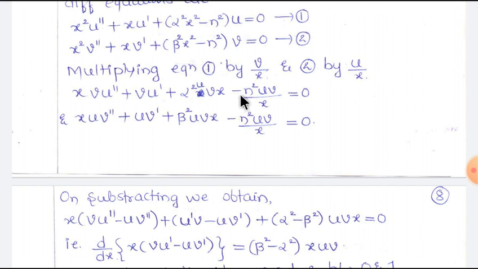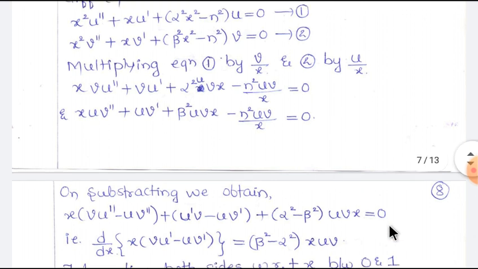In the first equation minus is there, in the second equation minus of minus becomes plus, so one term is negative and one is positive, and this value becomes 0.